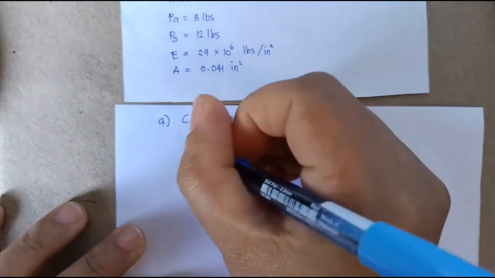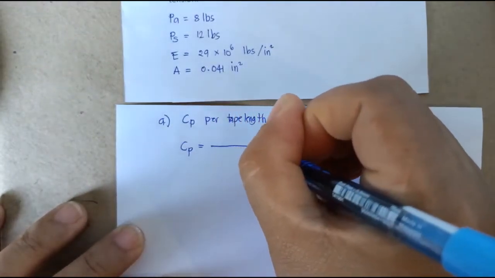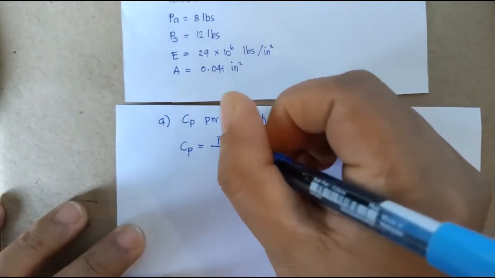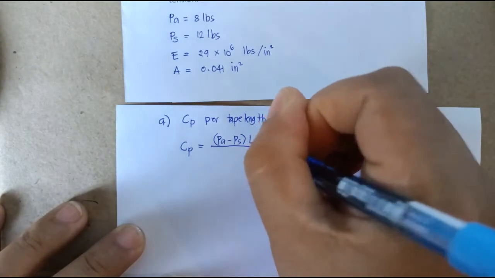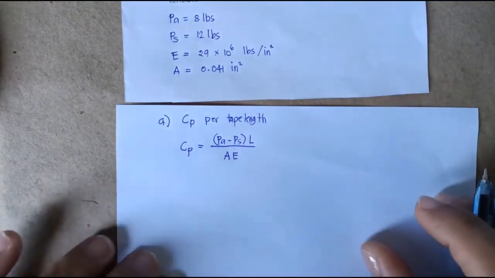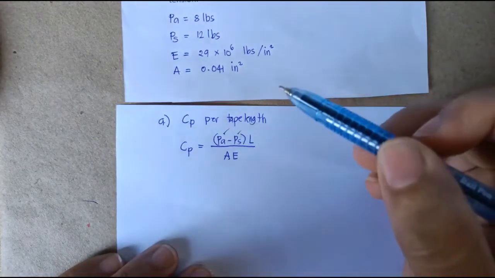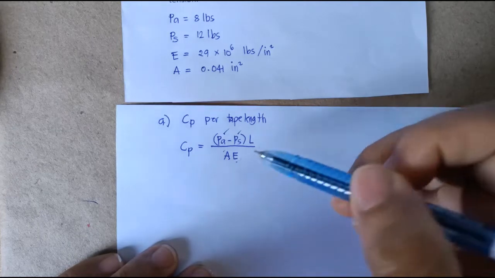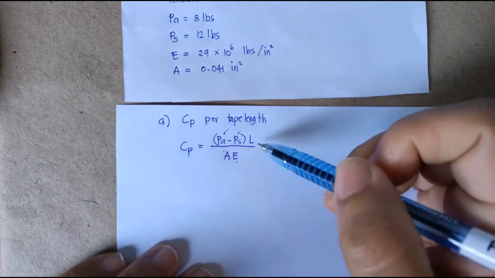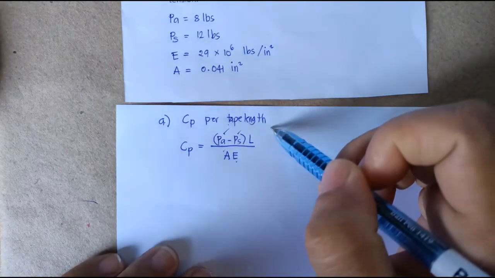CP is equal to PA minus PS times L over A times E. So substituting the values, we have PA, we have PS, we have A, and we have E. What is L? L here is 100 because it is per tape length, so we will use the length of the tape.